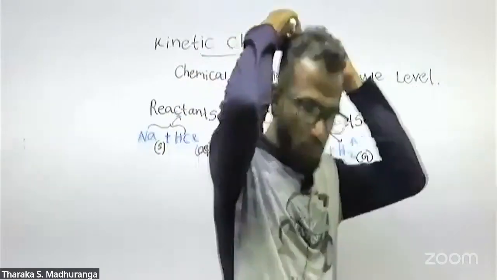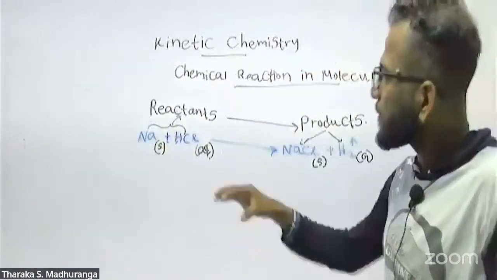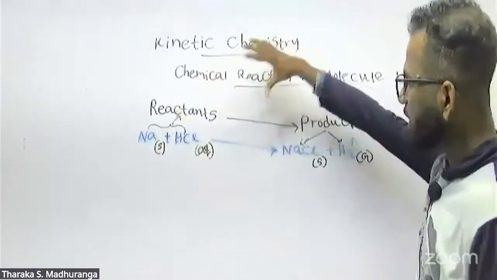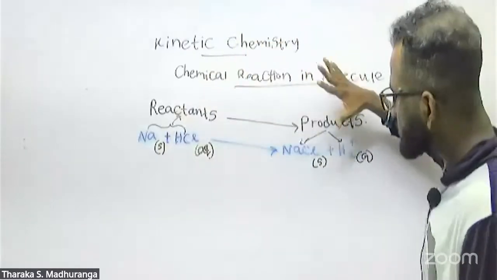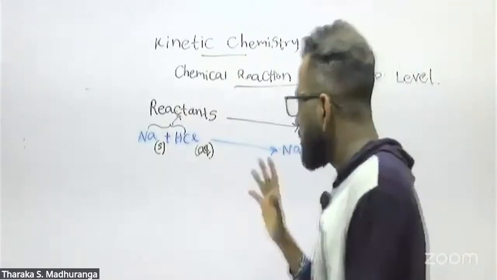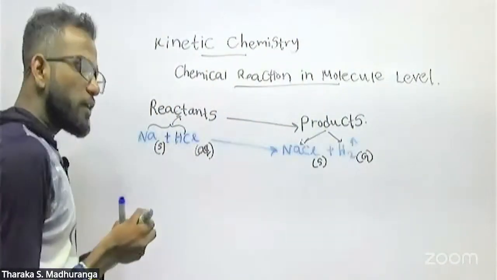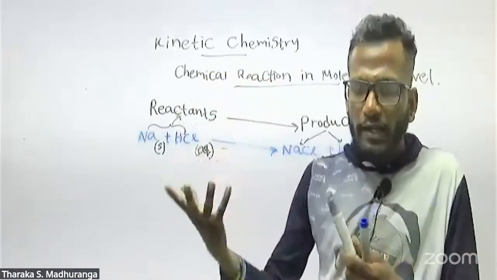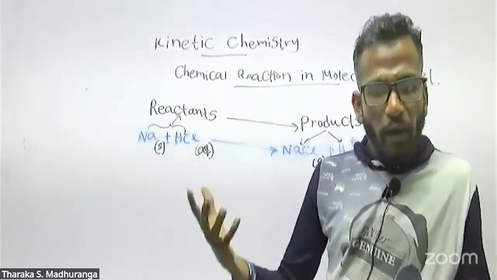What I told you, the characteristics are totally changing with chemical conversion, reactants converting to products. What is the reason here? I told you every matter, solid, liquid, and gases, is made of molecules.